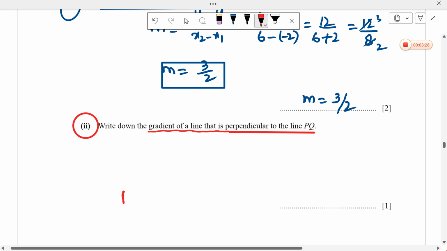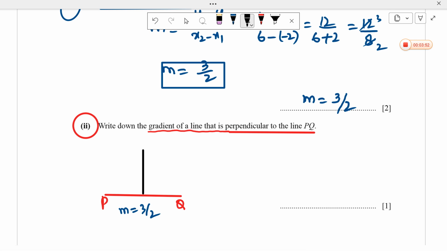What does it mean? Just suppose this is the line PQ, and the slope or gradient of this line is 3 upon 2, and another line is perpendicular to this line PQ like this, and you have to find the gradient of this line.